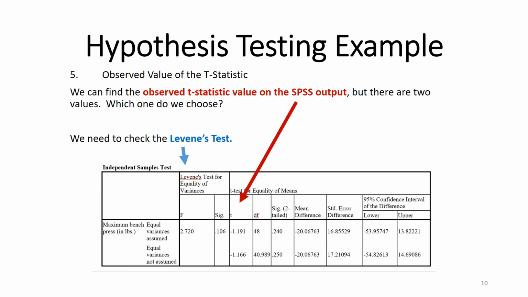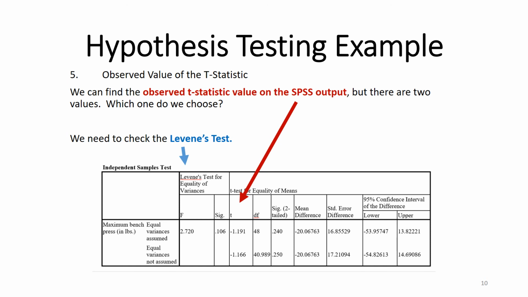So let's look down at this table. If you look at the red arrow, it points to a column that is labeled T, and below that you see two values: a negative 1.191, and below it a negative 1.166. One of those is the correct t-statistic. One of them is a faker or a fraud, just not the right one. We need to figure out which one we use.